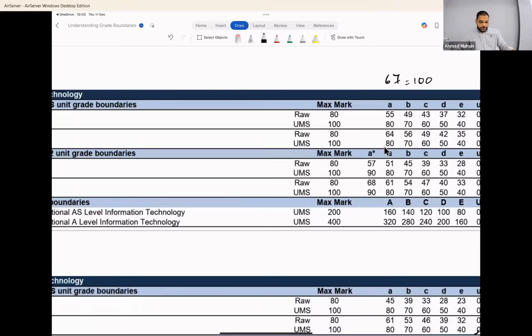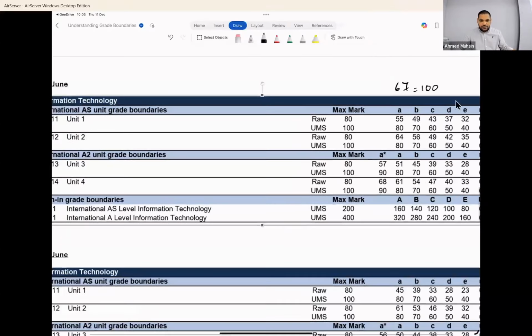In Unit 2, 64 minus 56 is how much? 8. 8 times 2 is 16. 64 plus 16 is 80. So hard. In Unit 2, you have to get 80 to get 100. You just missed it. She has missed it.